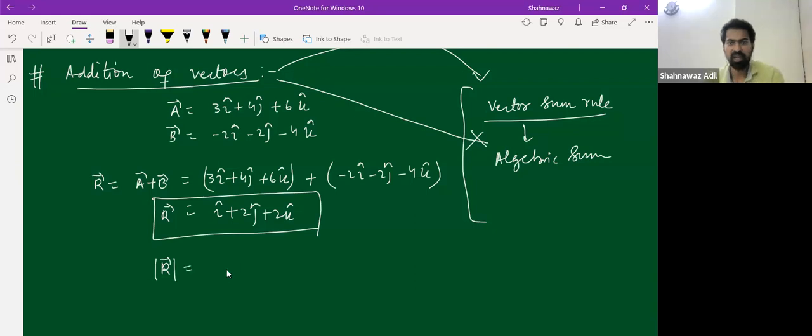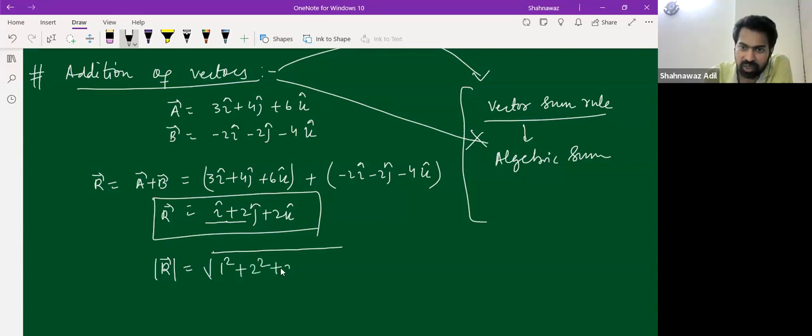So what would be the magnitude, Akif, of this resultant vector? Magnitude would be 2, sir. Why 2 again? Let us do it step by step. So root of ax square, which is 1 square, plus 2 square and plus 2 square.